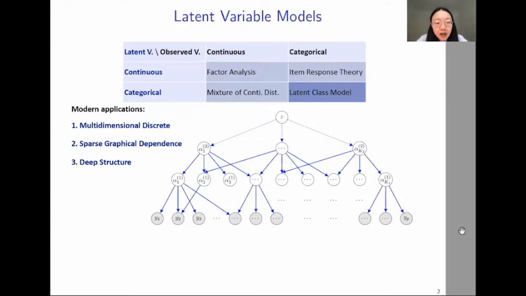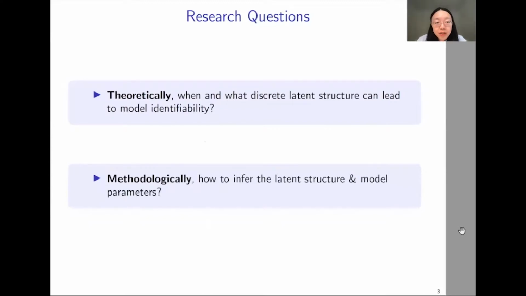Further, we also hope to model the deep structure of latent variables in order to extract the hierarchical and principled information. Combining all these motivations, in this work, we propose the Bayesian pyramids, a probabilistic graphical model for multivariate categorical data. The research questions we address are twofold: theoretical identifiability issue and the estimation methodology.